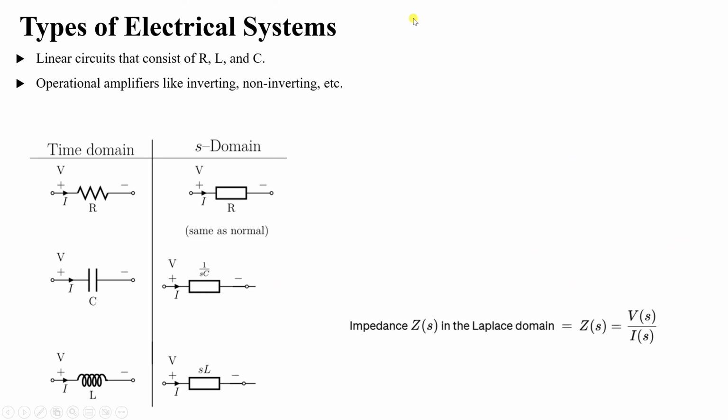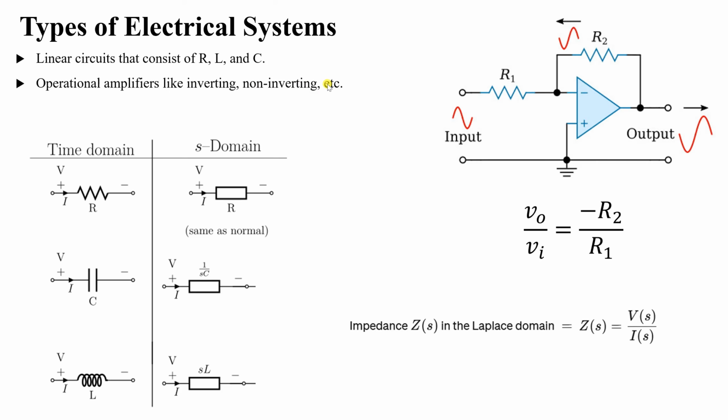The second type is non-linear circuits, like operational amplifiers, inverting, non-inverting, and so on. We call the previous elements passive elements, and we call these active elements that require a supply. For example, this is for operational amplifiers, which we discussed before in our electric circuits course. If we have an inverting amplifier, you can see a negative sign here.